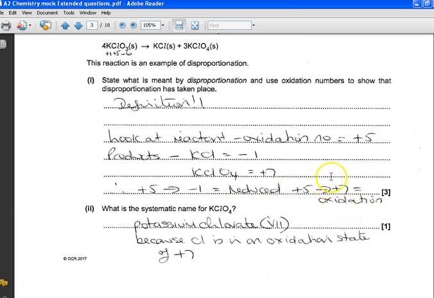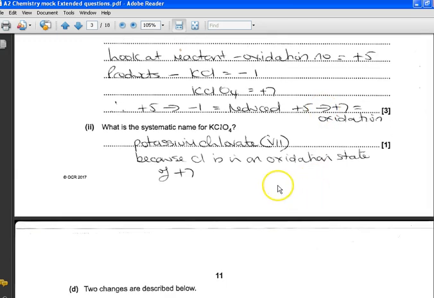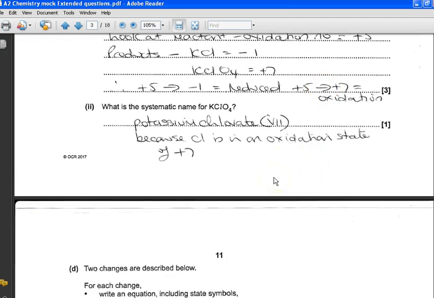So OIL RIG, reduced and oxidised. Systematic name for KClO4: because it's plus 7, this is where you use your Roman numerals, so you have to recognise the ClO4 is chlorate, so potassium chlorate(VII), which indicates that chlorine is in the oxidation state of plus 7. That's what the Roman numerals tell you.